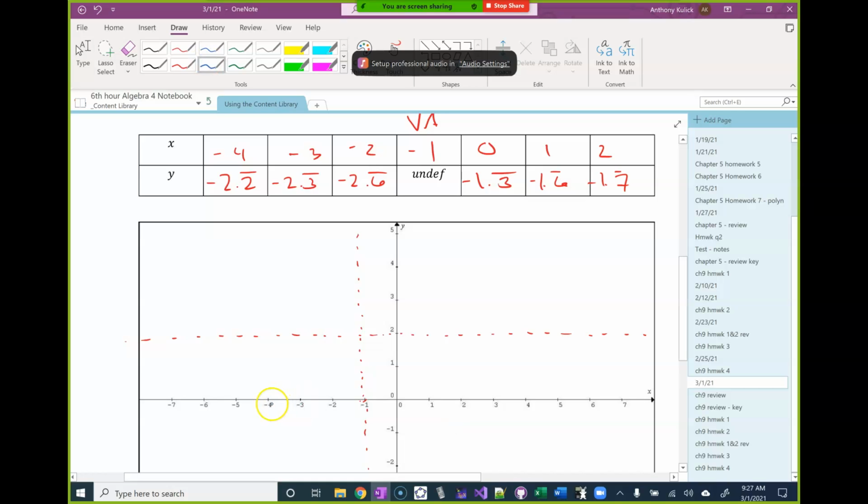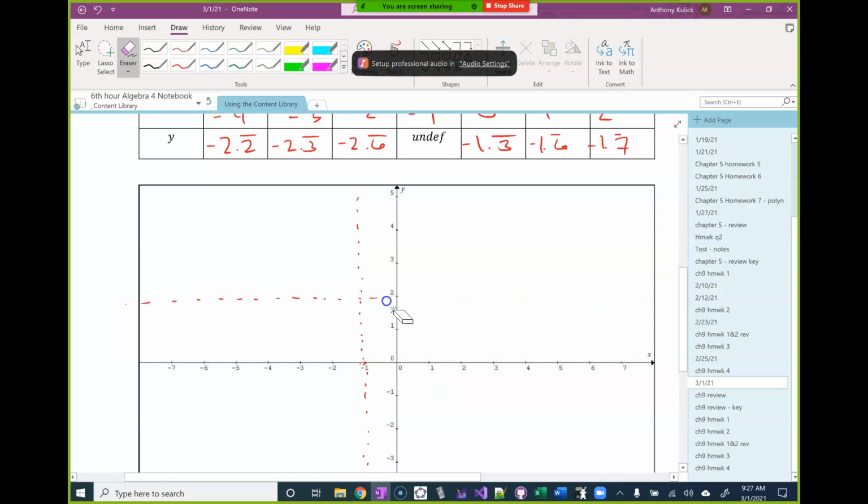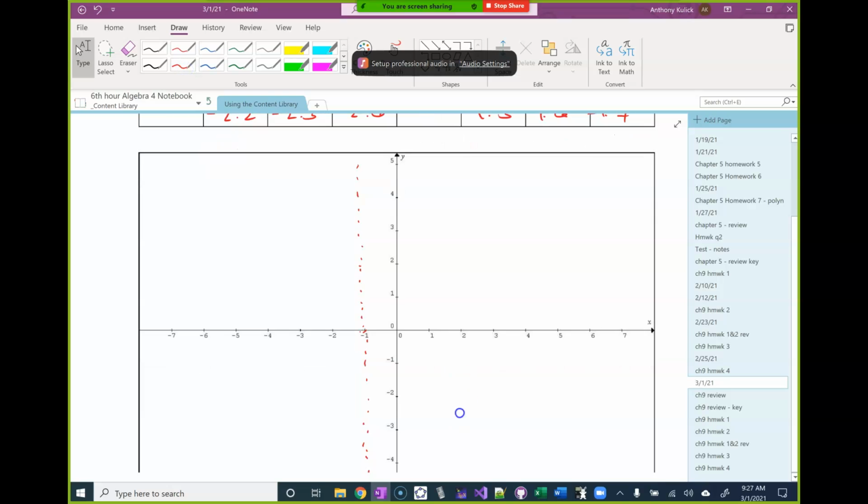So -4 and -2. Oops, I'm dumb. What did I do there? Put my horizontal asymptote in the wrong place. -4 and -2.2. -3 and -2.3.